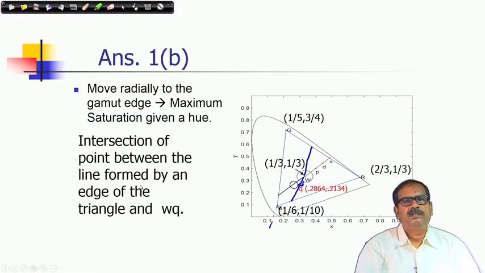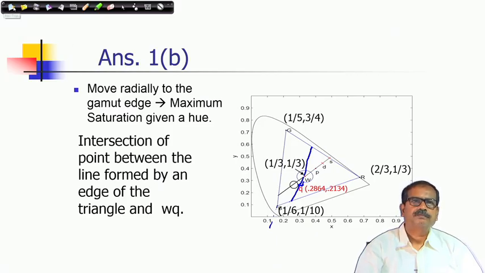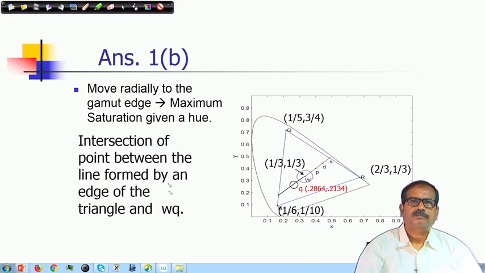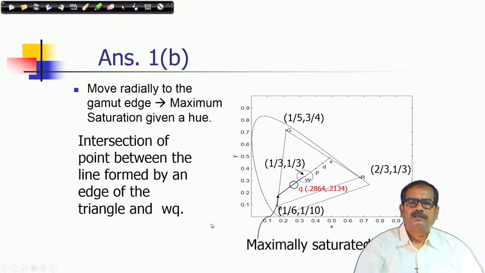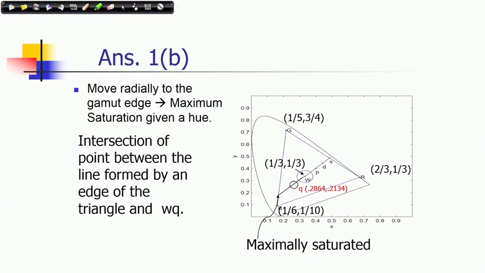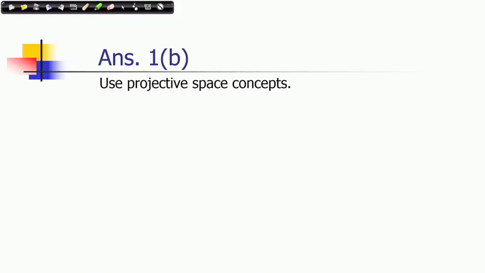So, we have to find out the intersection point between the line formed by an edge of the triangle and WQ. So, let us proceed with this computation. You should note this maximally saturated, as I mentioned, that point or wherever the intersection is there, then you have to decide before declaring it as maximally saturated.